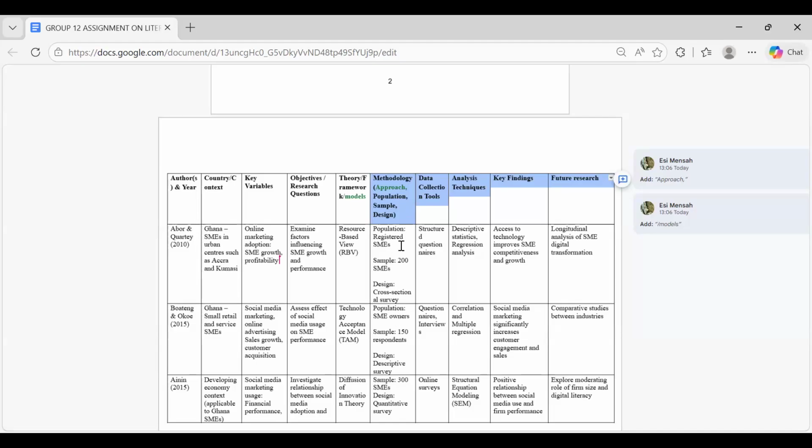Now this first study, they are saying cross-sectional, so they are saying survey, and they are using questionnaires, so I will guess that it is quantitative. This one says descriptive, questionnaire, and interview, so it has to be mixed methods. So let me put that information there.